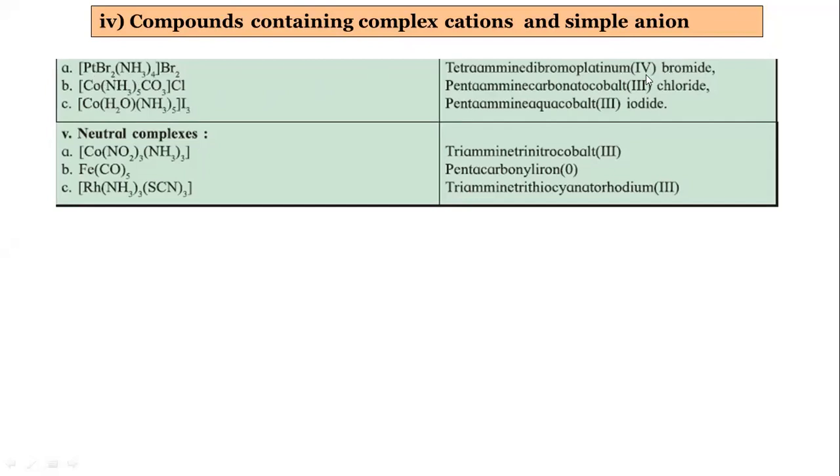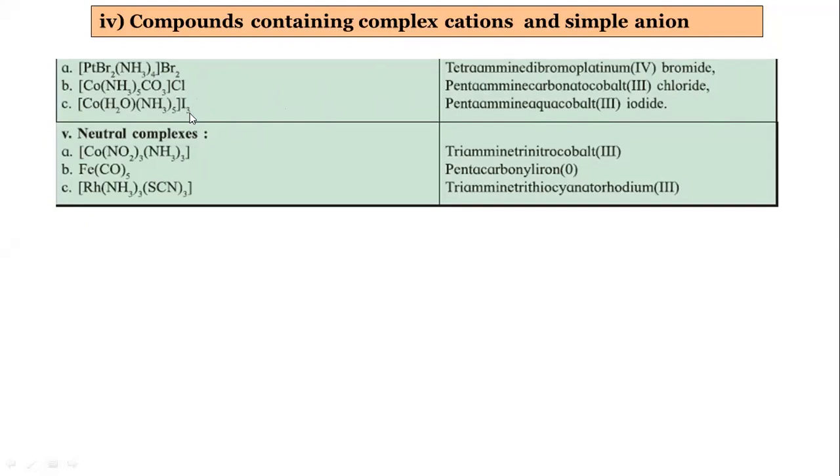Platinum(IV) and bromide. This bromide is written last. See, this is bromide because it is outside the square bracket. Remember, when it is inside the square bracket, the name will be bromo. But when it is outside the square bracket, we have to write bromide. We have to write chloride, we have to write iodide.